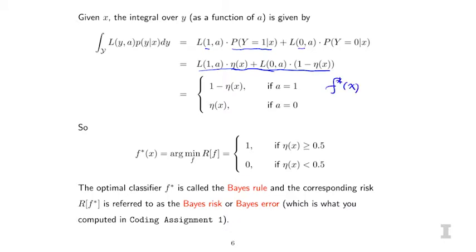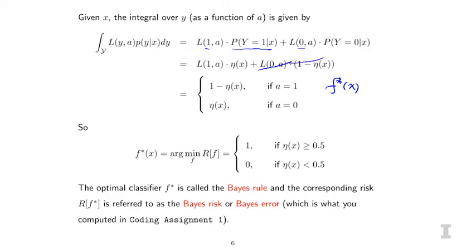So a can either be 1 or 0. If a is 1, and because we use 0-1 loss, the loss for y equal to 1 is 0, so we get 1 minus eta of x. Now if a is 0, then we don't have this part, and the loss is eta of x.